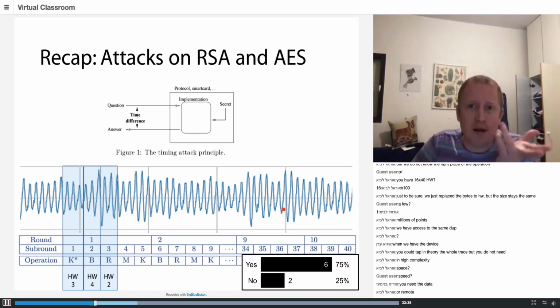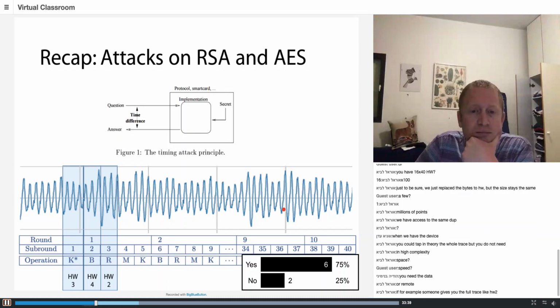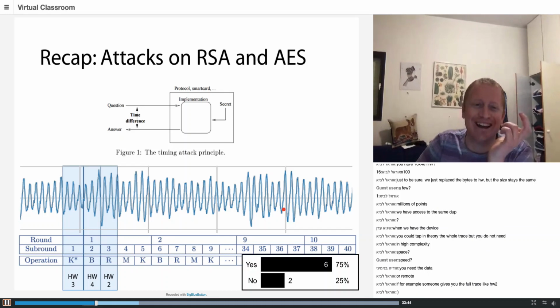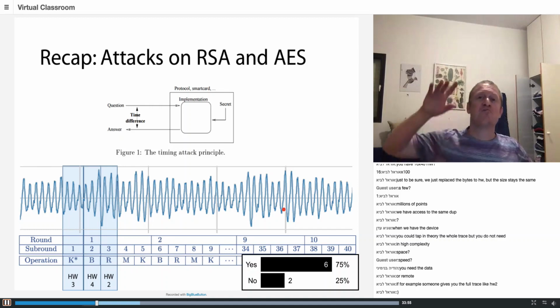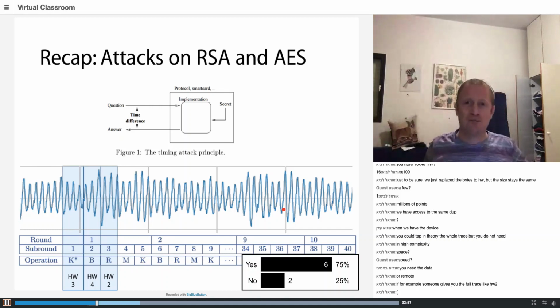There is a very, very experimental approach. So, remote, how do you do remote in this situation? To do remote, you need some way of measuring the instantaneous power consumption of a remote system.